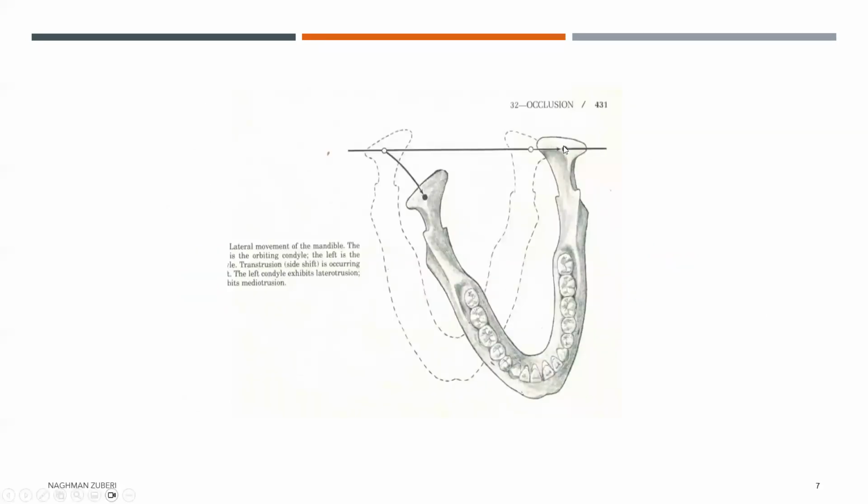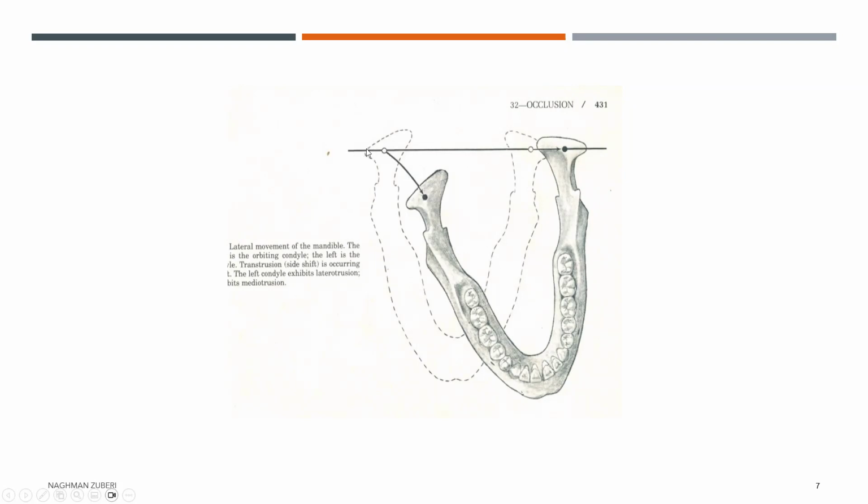As I have already mentioned about the working condyle and non-working condyle, this is the working condyle which is rotating in its glenoid fossa, but the non-working condyle is not only coming out of the glenoid fossa, but also moving to a medial position. And there are various other things which at the moment we are not discussing.